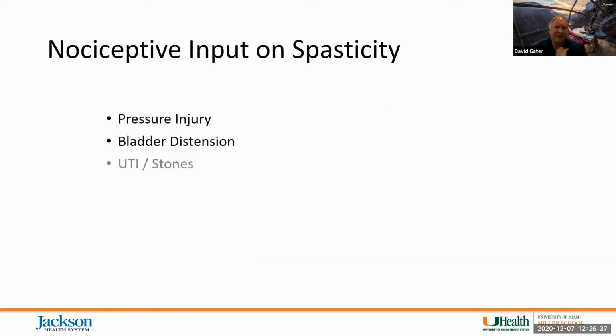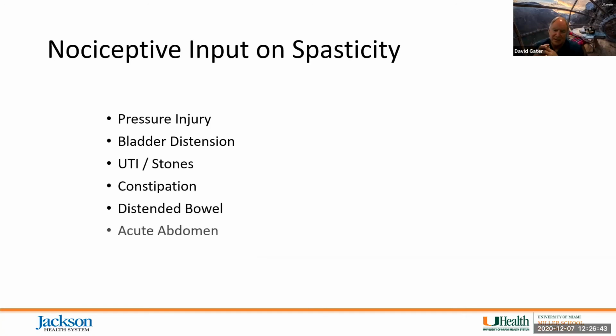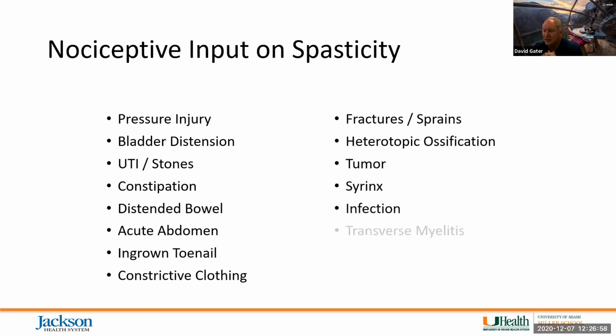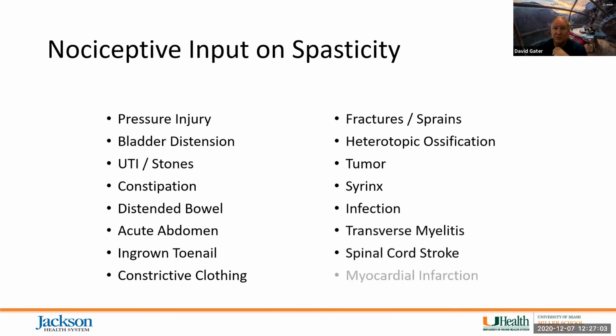So we recognize that nociceptive input is also going to contribute to spasticity in those folks who may or may not be at risk for autonomic dysreflexia. Nociceptive input from other sources can also contribute to ramping up neuropathic pain, activating those additional modifiers and substrates that we talked through earlier.